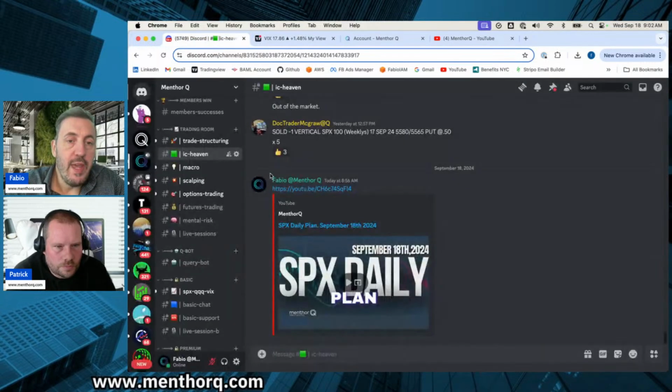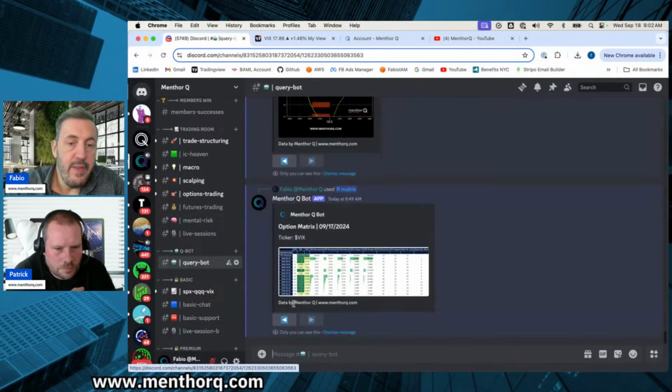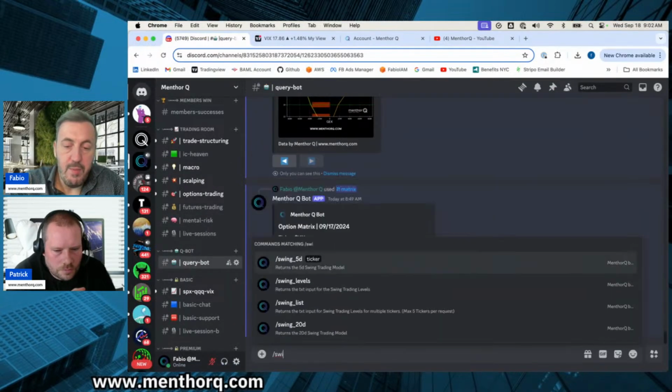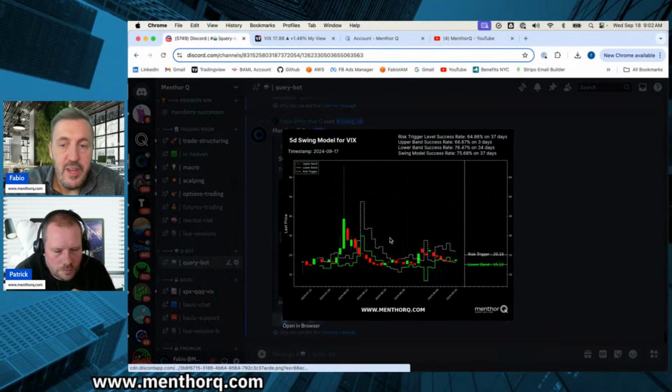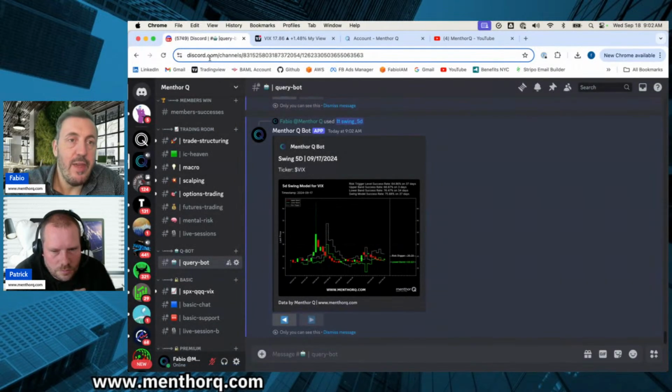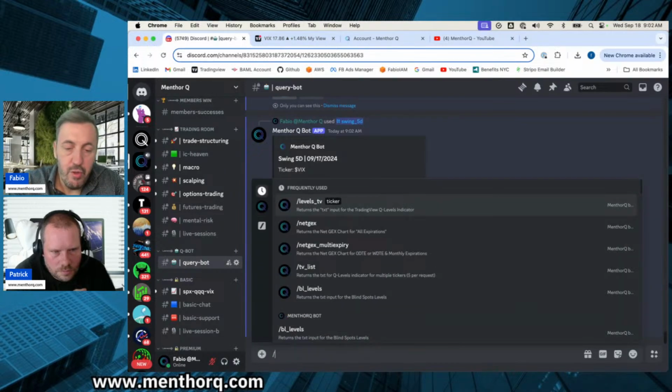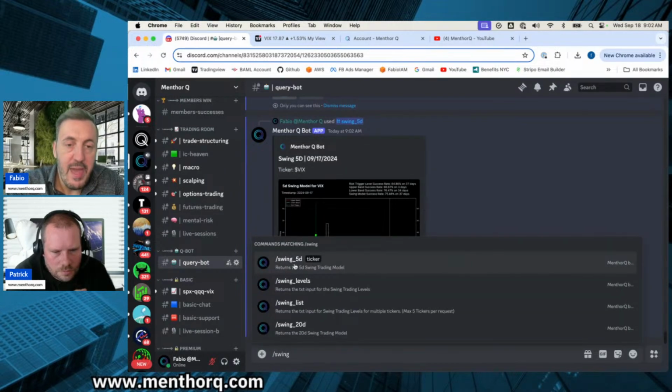So what we can do with the bot is we can look at our swing models, 5 days and 20 days. We can type VIX. Here we can see the different levels right here, and these levels are the same ones that you will find in the chart. We can also do the same with our SPX.